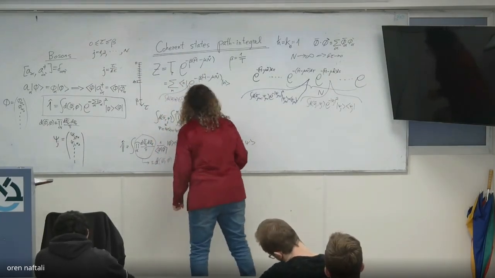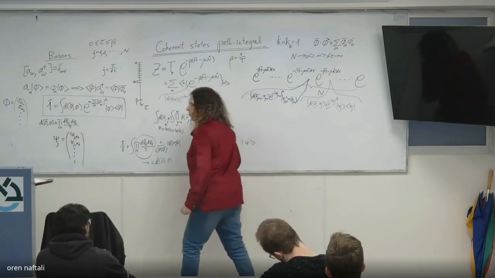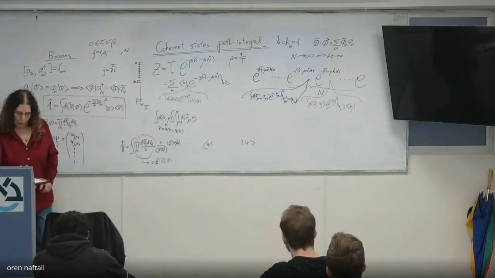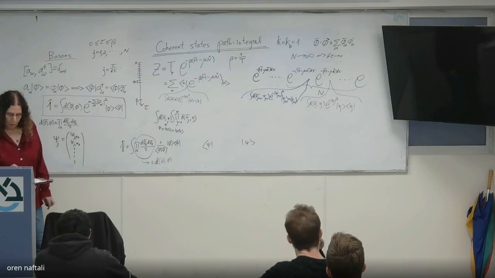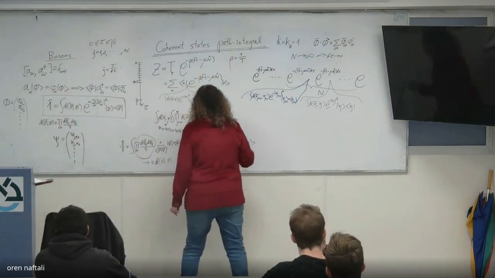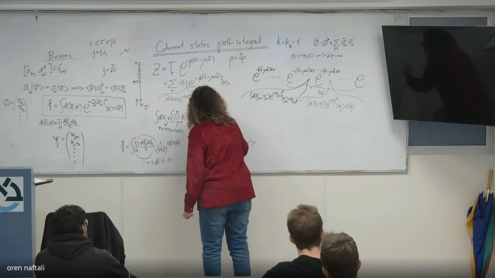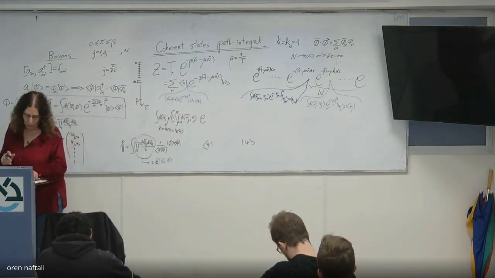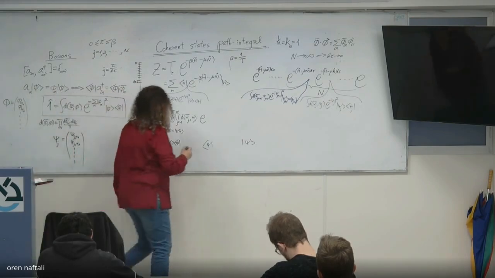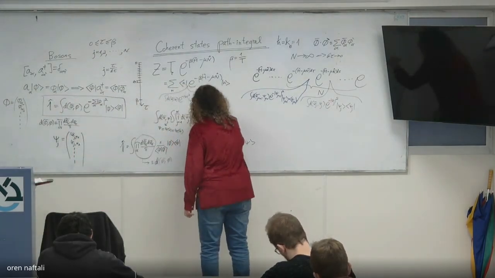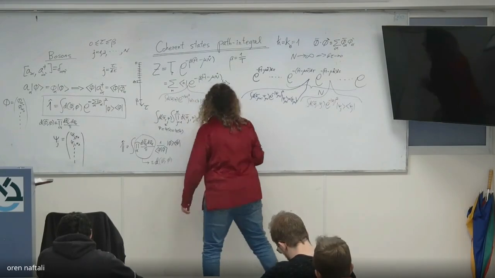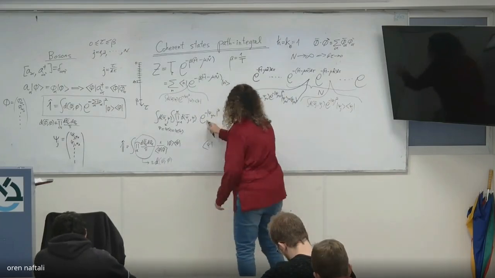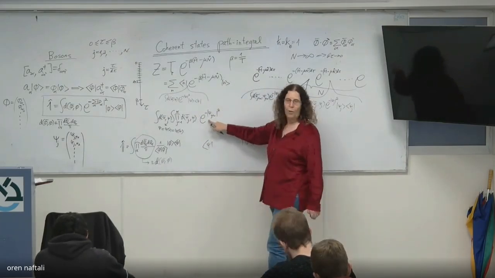It's a product over j, and first of all it has an exponential factor, which I choose for convenience to be e to the minus psi j plus 1 squared. This is from the resolution of identity.